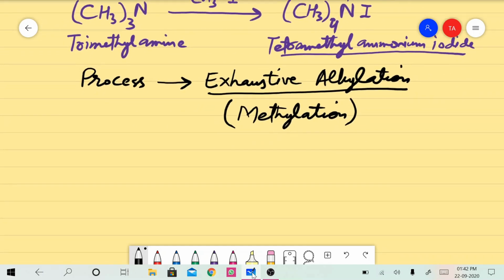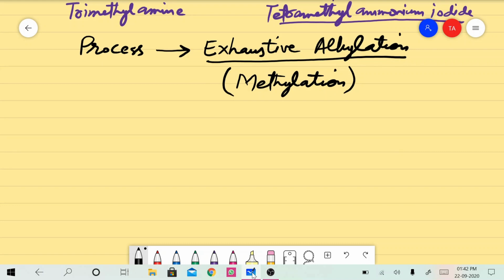This reaction can also take place in aromatic amines. For example, if we have aniline, aniline is a primary amine.